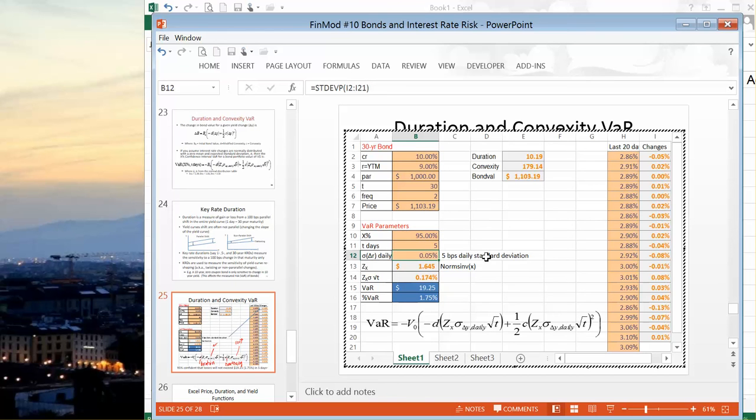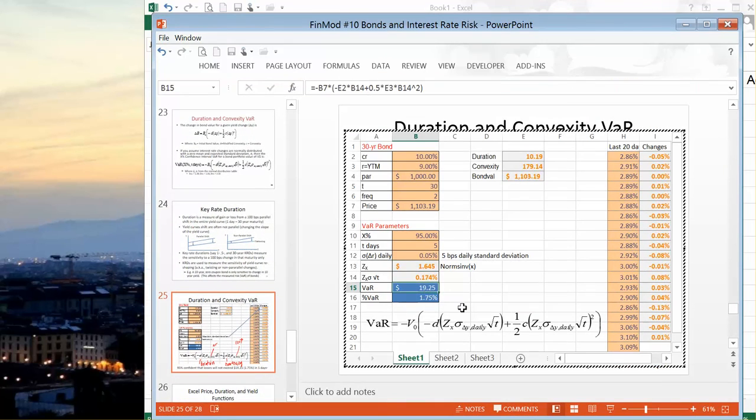I'll first, if I have a data set, I can calculate, say, historical daily standard deviation of changes in yield. So this bond historically has had a 5 basis point daily standard deviation. We then calculate, if we're looking for a 95% confidence interval VaR, our statistic there is 1.64. So in other words, if an asset is normally distributed with a mean of 0, we'd be 95% confident we will not get an adverse change larger than 1.645 standard deviations.